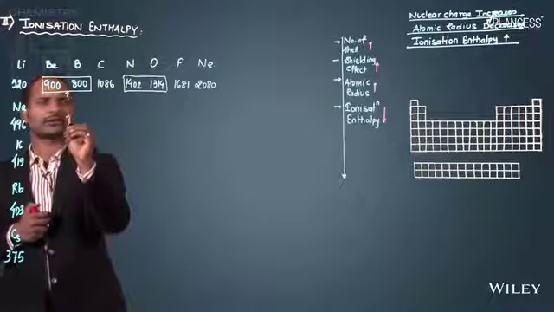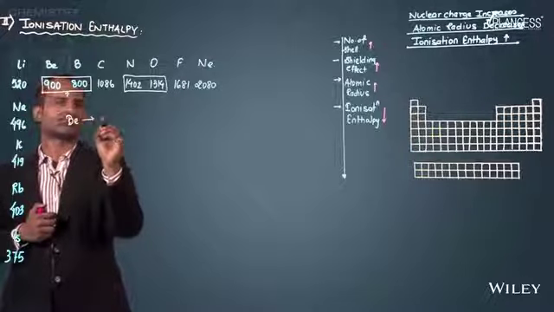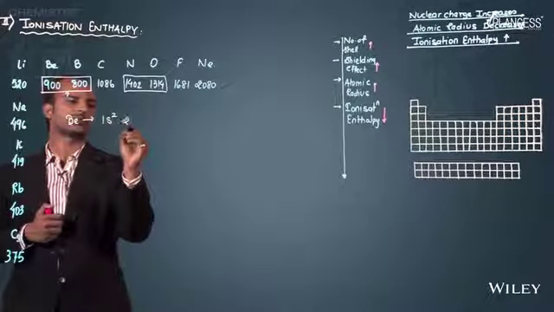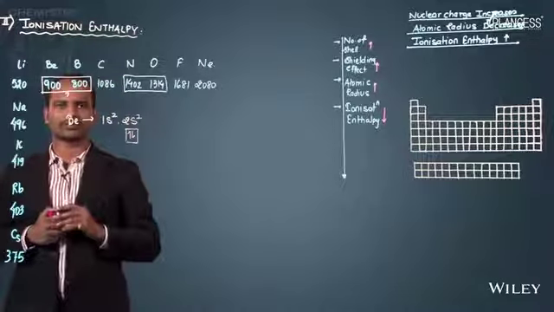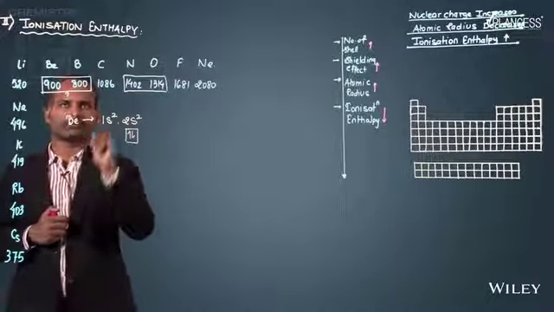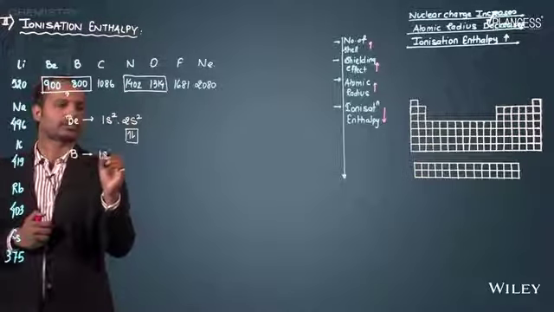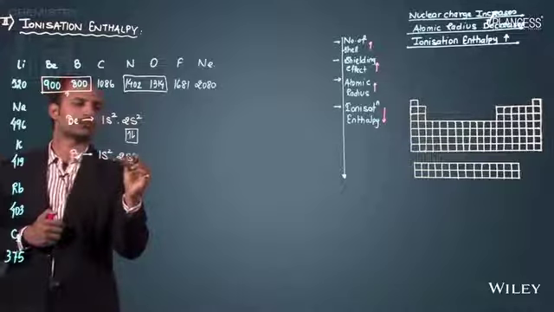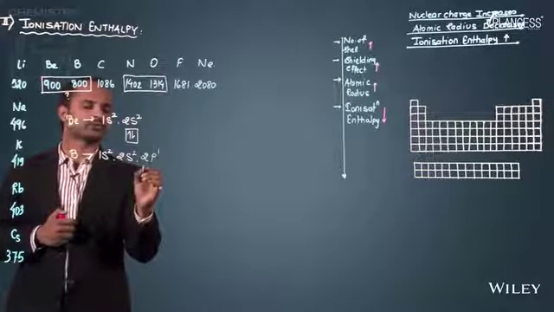If I write the electronic configuration of beryllium, whose atomic number is 4, it is going to be 1s2 2s2. 1s2 2s2 means the outermost electron is present in the 2s orbital. For boron, the configuration is 1s2 2s2 2p1. This is the fifth electron, which moves to the p orbital.